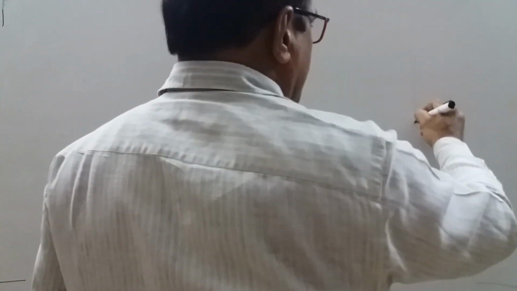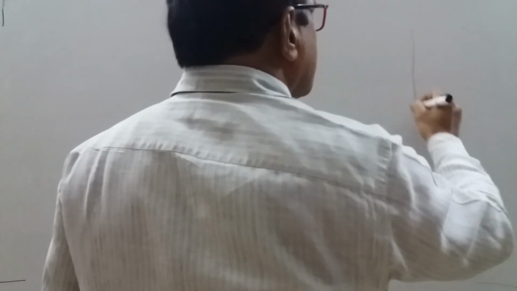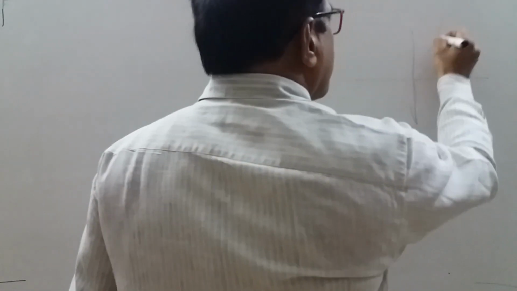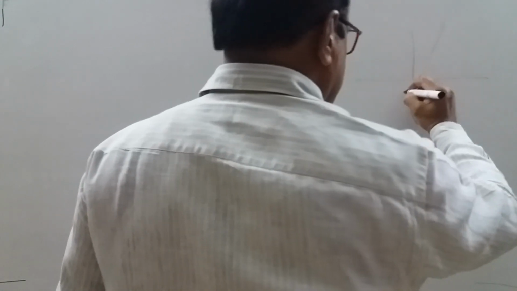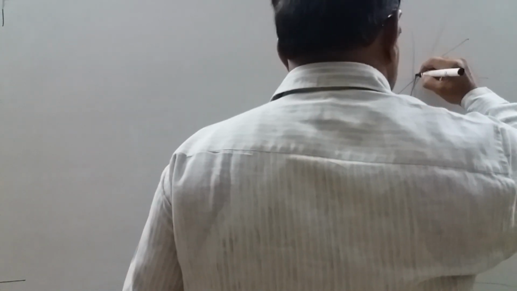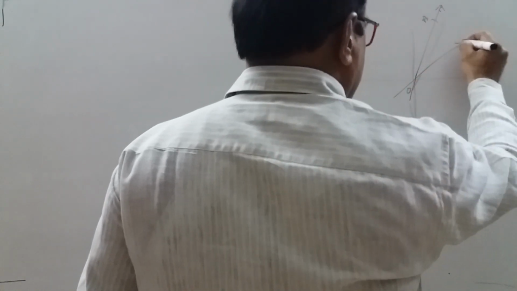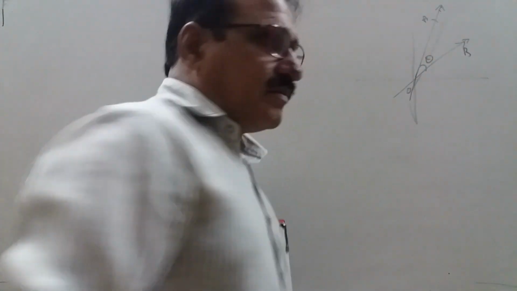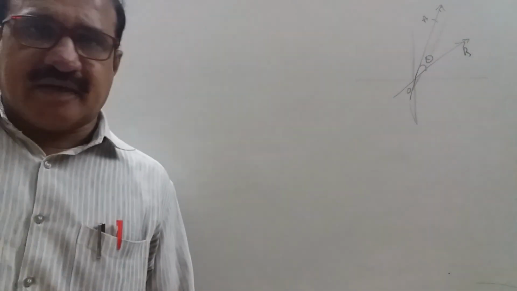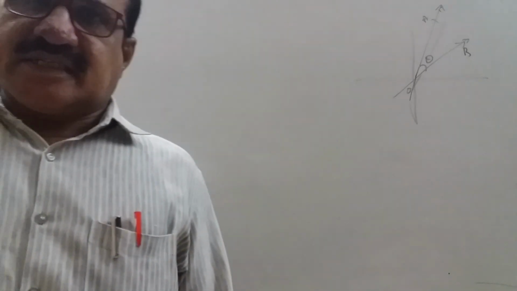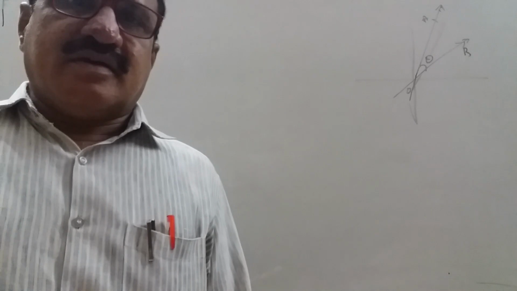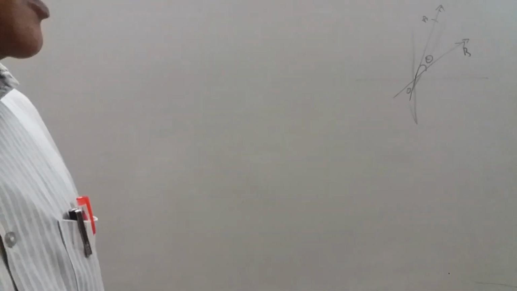Here we will go on to prove a theorem: if the angle between two straight lines represented by ax square plus 2hxy plus by square is equal to 0 is theta, then we have to find how to find the angle between these two straight lines.